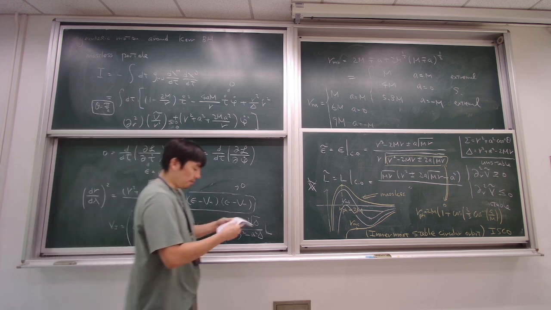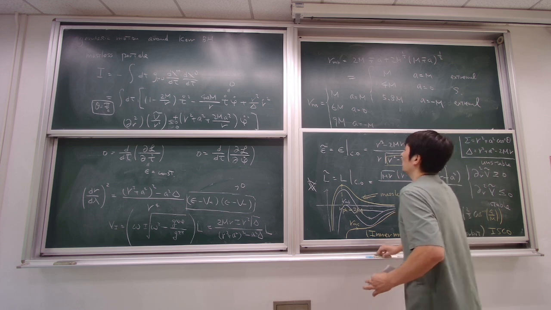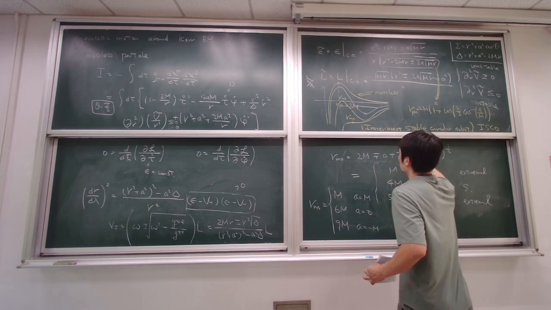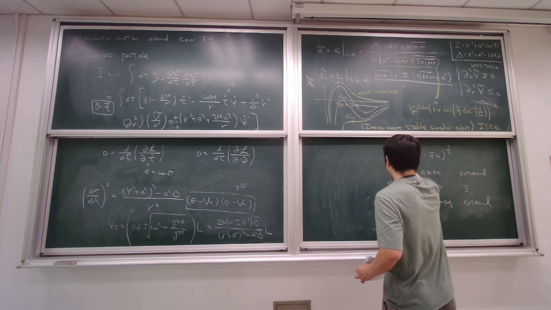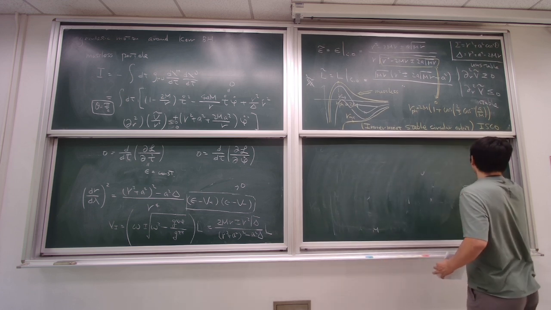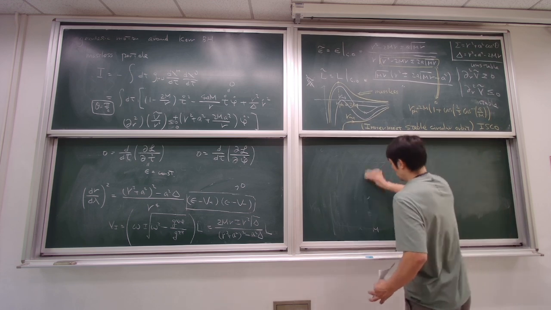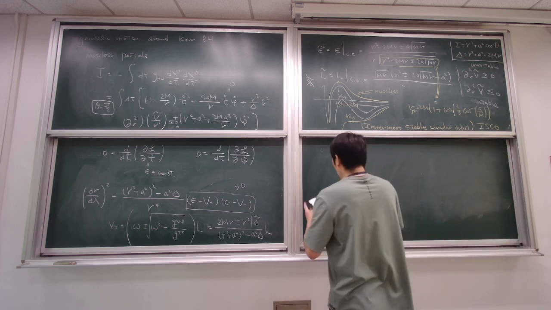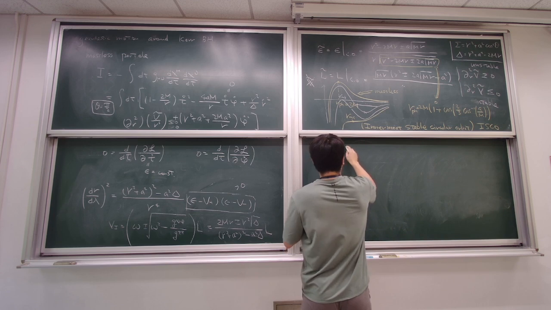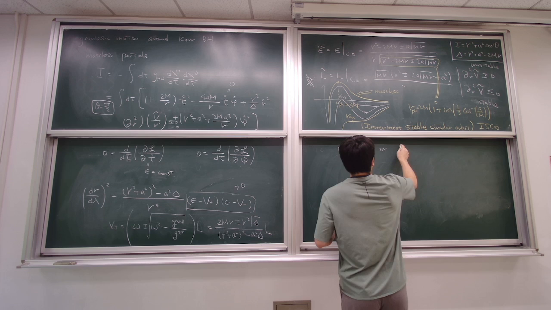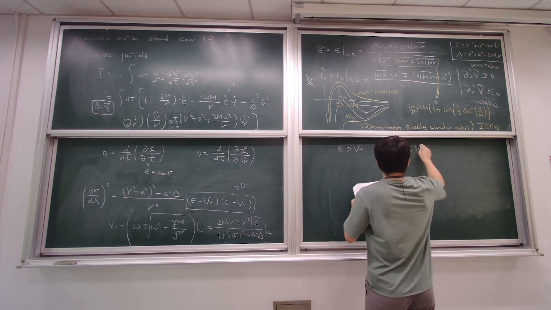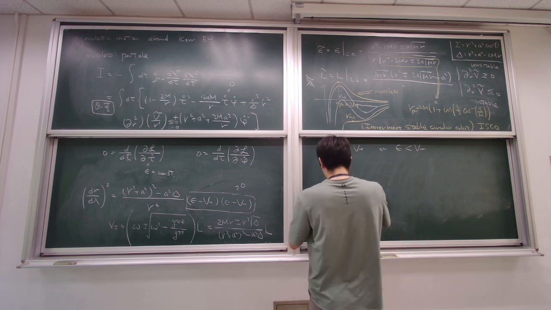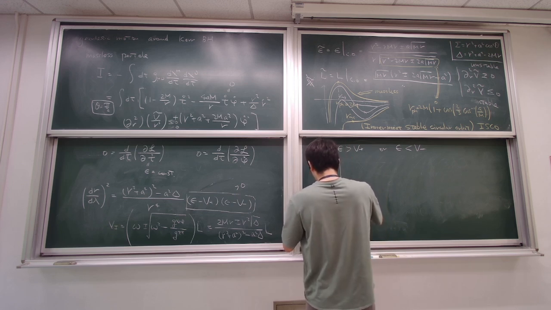So the region has to be something like this, where epsilon is less than b minus, and then b plus, as a function of r, looks something like this.